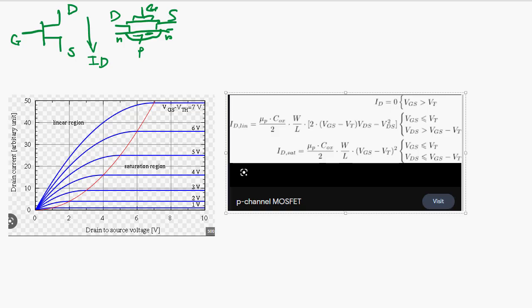Okay, and now I want to import some well-written equations. The saturation line, just like bipolar, this saturation line, the red line, is defined by VDS.